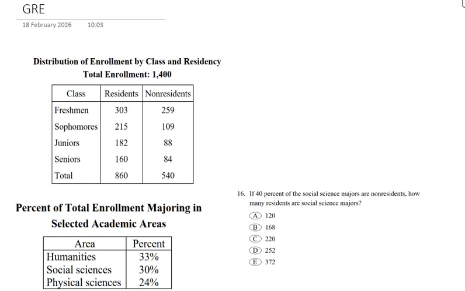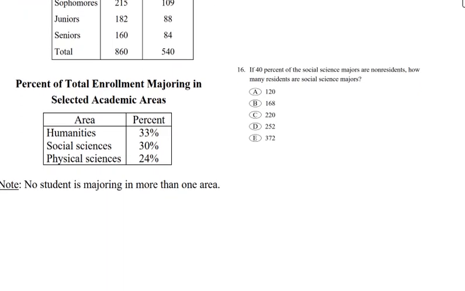Now let's read the question very carefully. If 40% of the social science majors are non-residents, then how many residents are social science majors? Now let's slow down and underline the key points mentally. That is 40%, of the social science majors are non-residents.